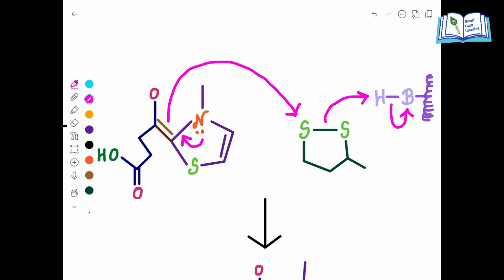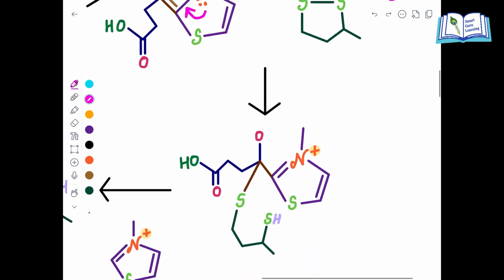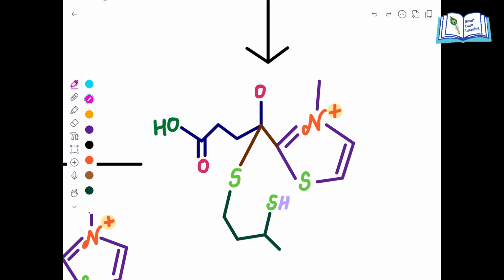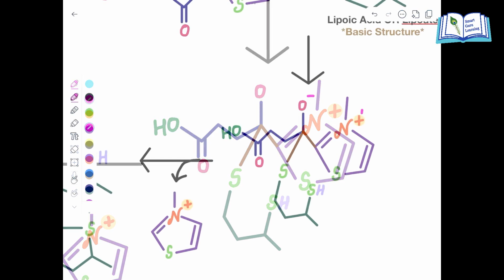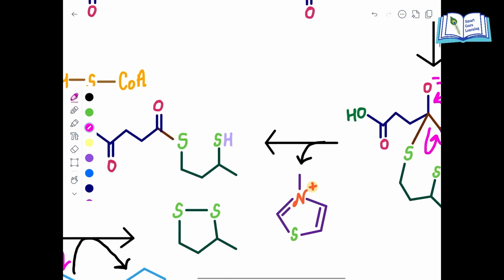Through this, lipoic acid is reduced to dihydrolipoic acid. Through this, we get an intermediate that looks like this. The electrons from the oxygen move here, and the bond with the TPP is broken and the TPP is released. With this, we get an intermediate that looks like this.